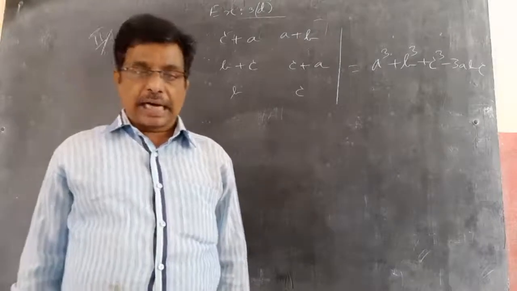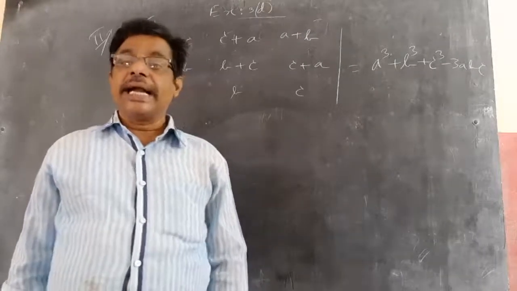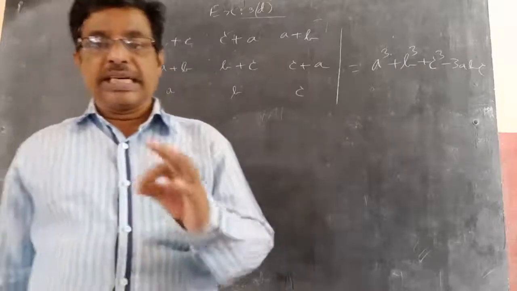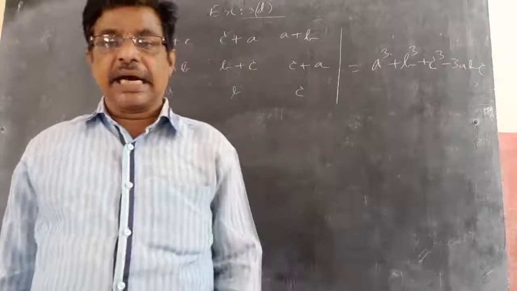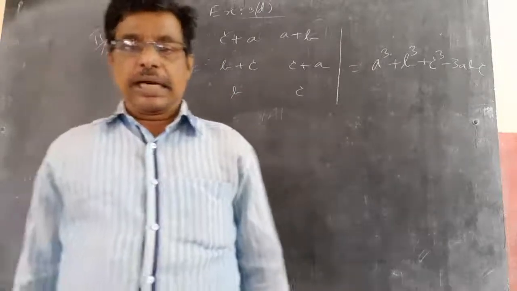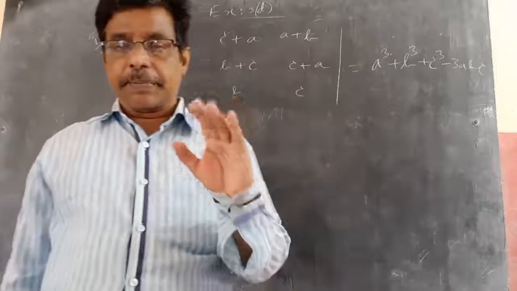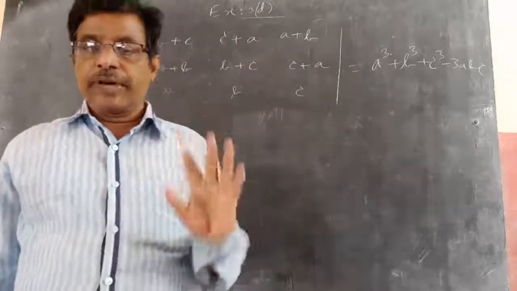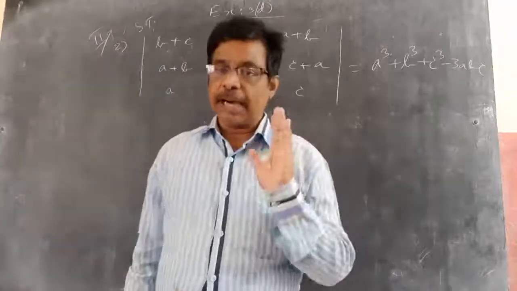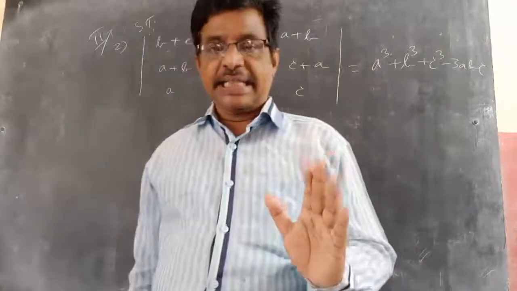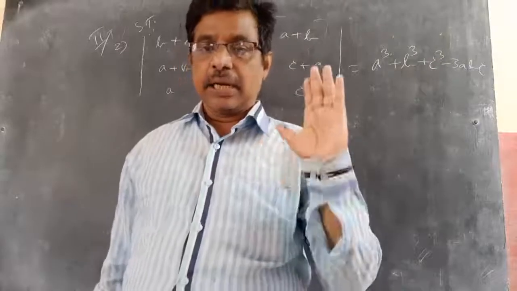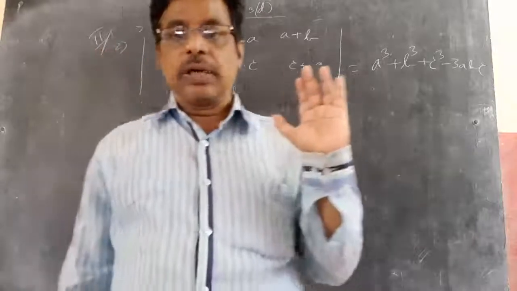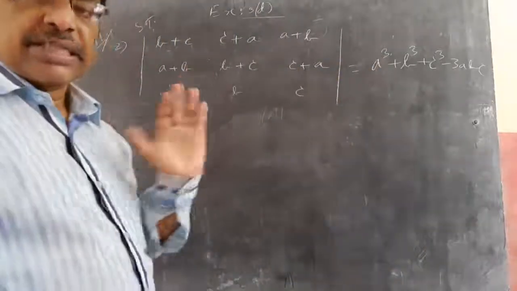If any row or column is multiplied by a scalar k, then added to or subtracted from some other row or column, there will be no change in the determinant. Its det is unaltered, means not changing.